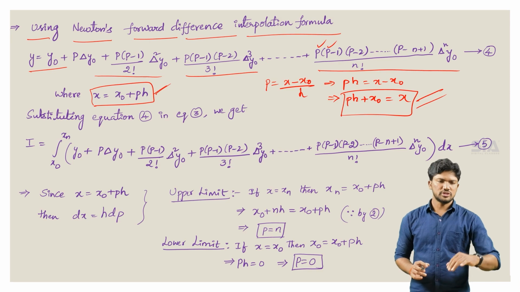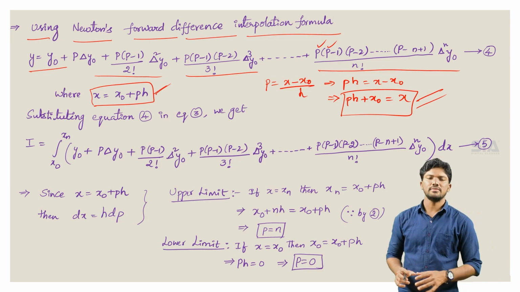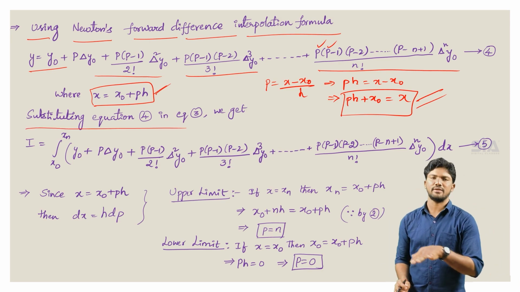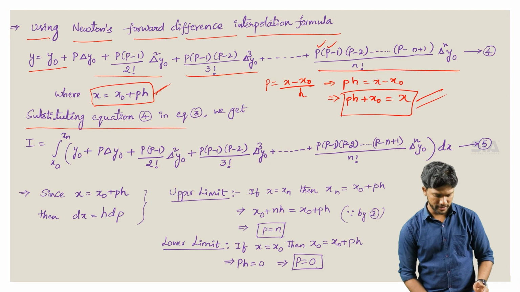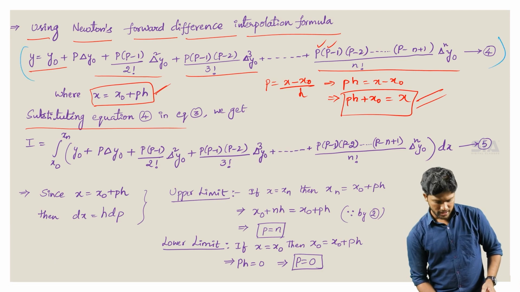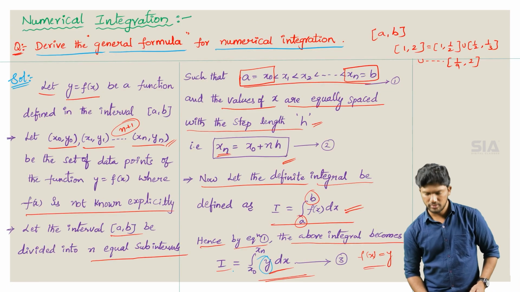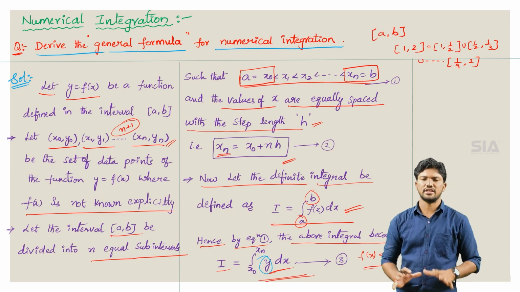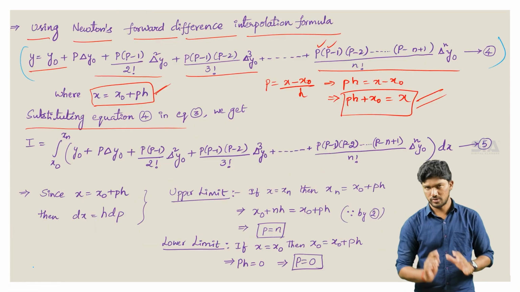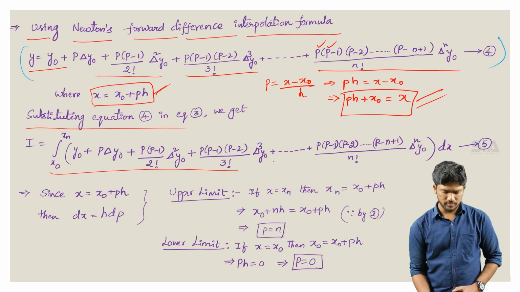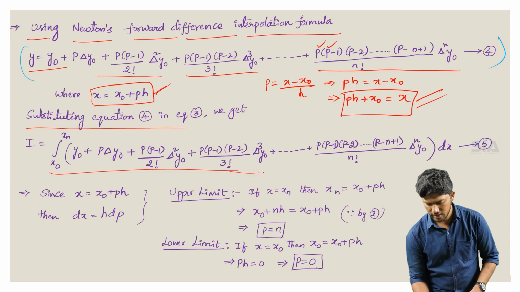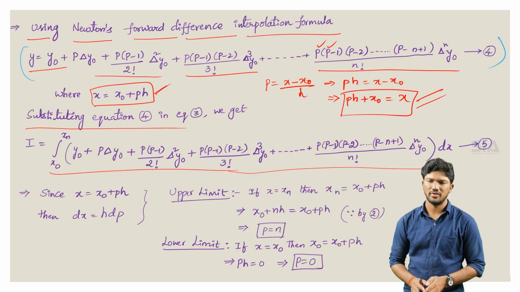Why do we take the x value? Because we define the function with respect to x. So substituting equation number 4 in equation number 3. Whatever you have in equation number 4, this total equation number 4 has to be substituted in equation number 3, wherever there is small y, in that small y place, that big equation, in RHS only. So capital I is equal to integration over x naught to x suffix n of this total y value from equation number 4 into dx.